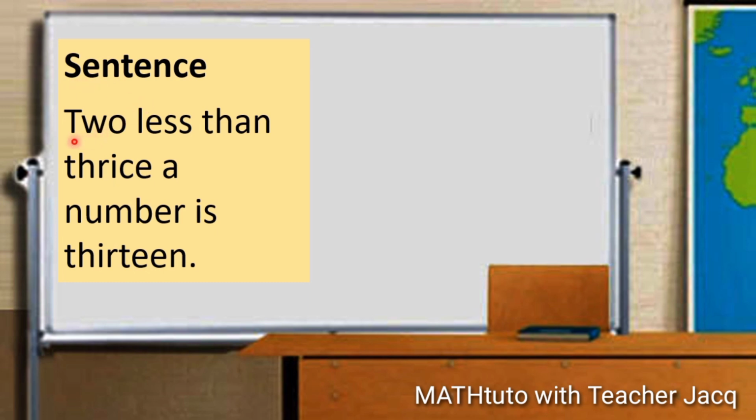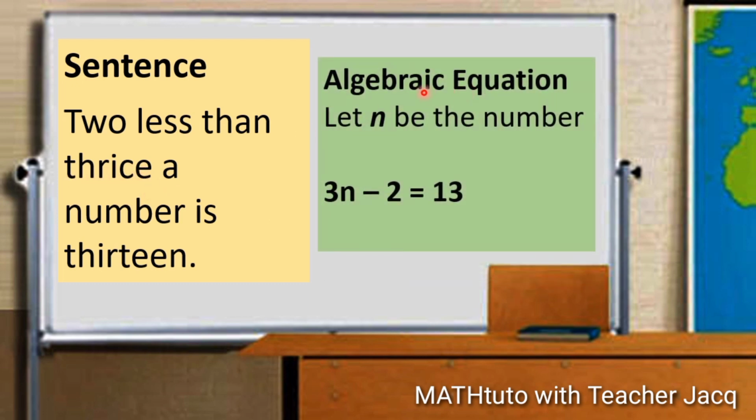So, ito yung sentence natin. 2 less than thrice a number is 13. So, yung keyword natin dito, less than, it is associated sa symbol na minus or subtraction. And then, kapag sinabing thrice, ibig sabihin 3. So, let's have our algebraic equation. Let n be the number or the unknown number.